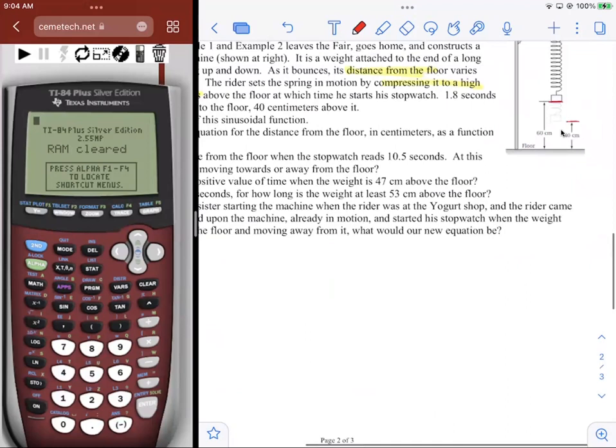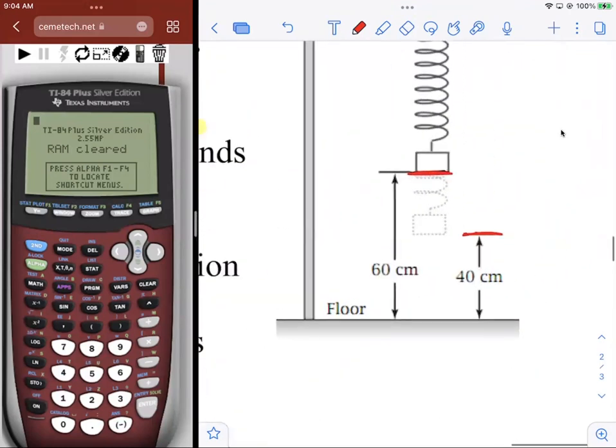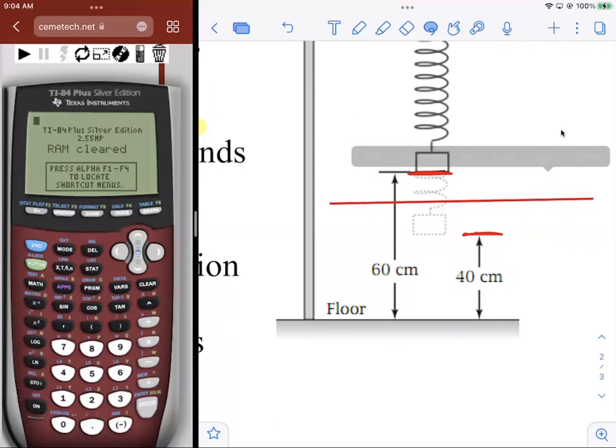The first thing I might look at is the equilibrium. Before he put this thing in motion and the weight was just resting, what would the equilibrium be? 50. It's the midpoint of the high and low. So 60 plus 40 is 100, divided by 2, you get 50.